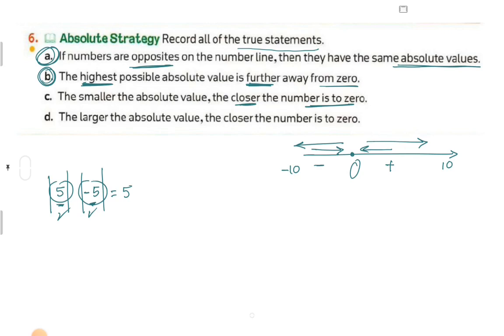Yes, the highest is far from 0, but the smallest is close to 0. That's a true statement. The larger the absolute value, the closer to 0? If I'm close to 0, it gives me larger? Of course not. That's false. This is a false statement.